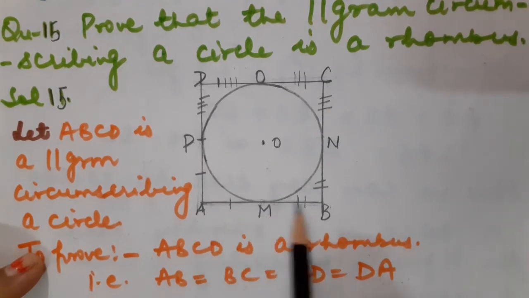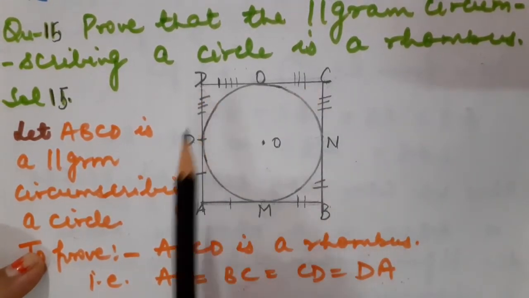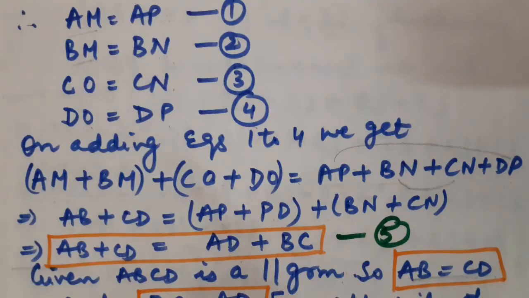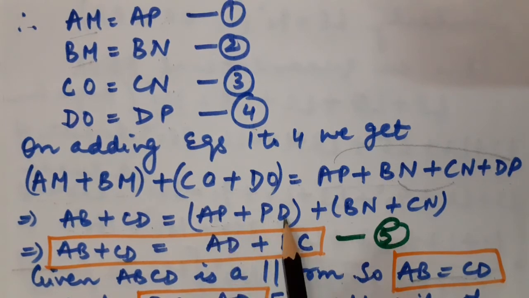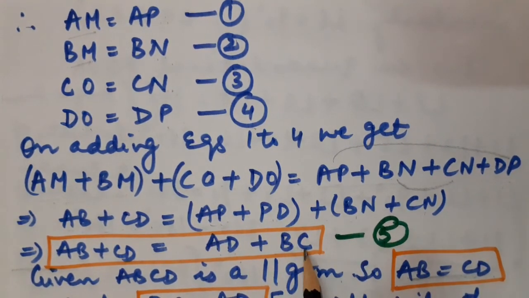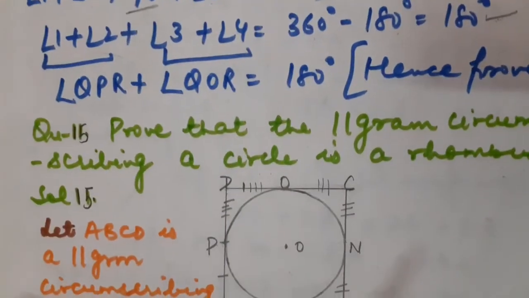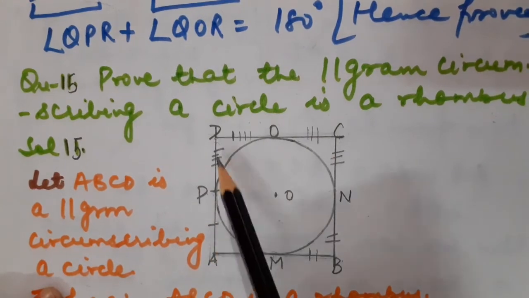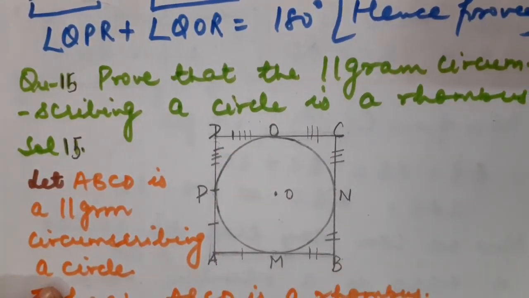AM plus BM will make complete AB, and CO plus DO will make CD. So this is written AB plus CD. Now AP plus PD will make AD, and BN plus CN will make BC. Correct, children? AP plus PD is making AD and BN plus CN is making BC.